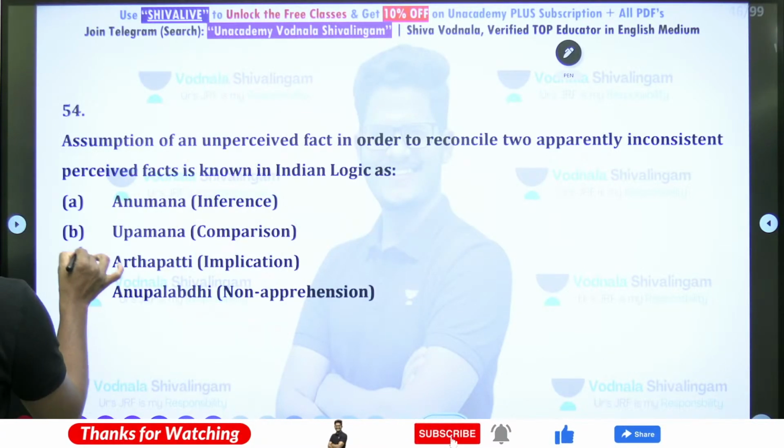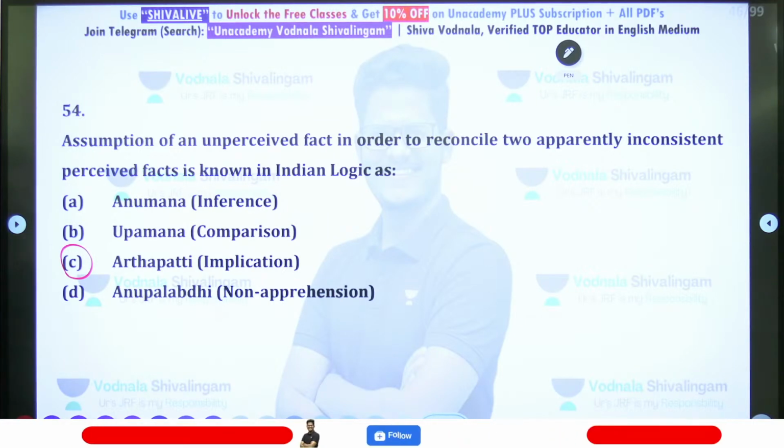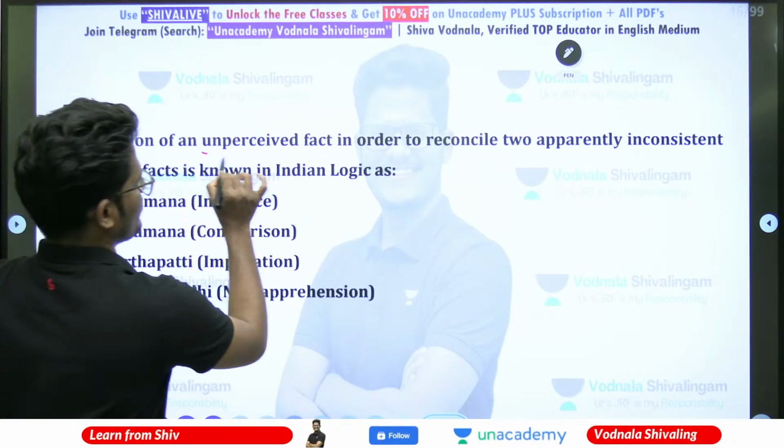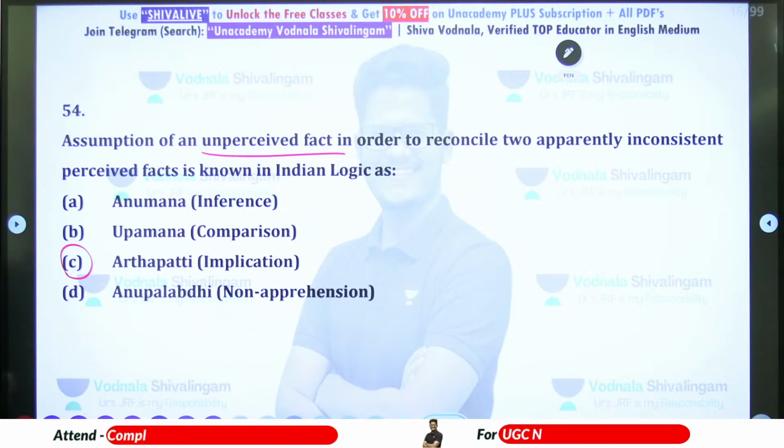C is the given answer, Arthapati, which is an implication. Again, unperceived fact in order to reconcile an apparently inconsistent perceived fact is known as.